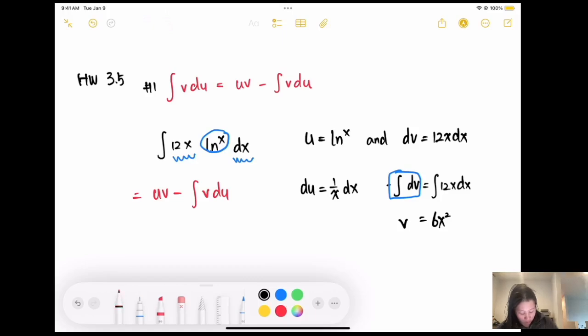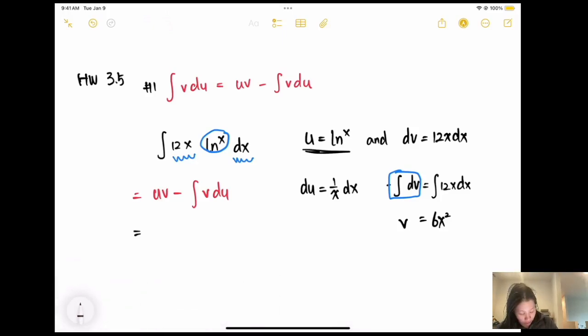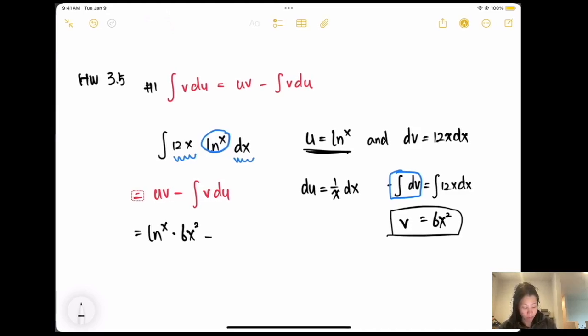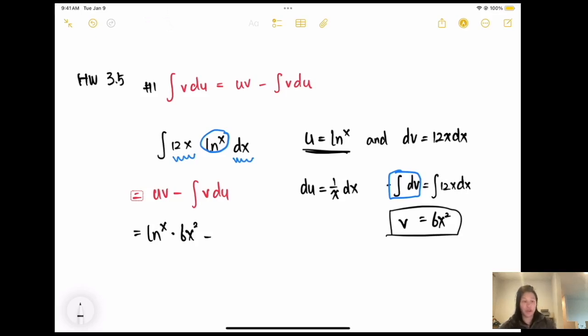Now let's substitute. u is equal to ln of x times our v, which is 6x squared, and then minus the integral of v du. Our v is equal to 6x squared, and du is equal to 1 over x dx.